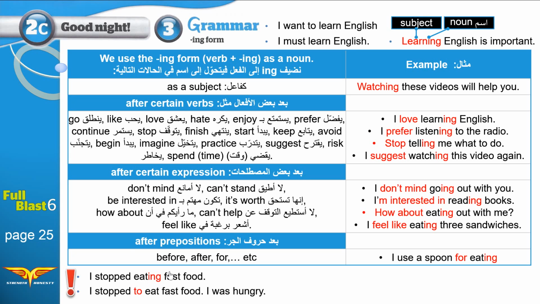I don't want to eat fast food anymore. But when I say I stopped to eat fast food, that means that's the reason why I stopped. I told you, if you are talking about the reason you're doing something, then you use to. Why did you stop? You were driving your car and then you stopped. Why? I stopped to eat fast food. I was very hungry. This is why I stopped.